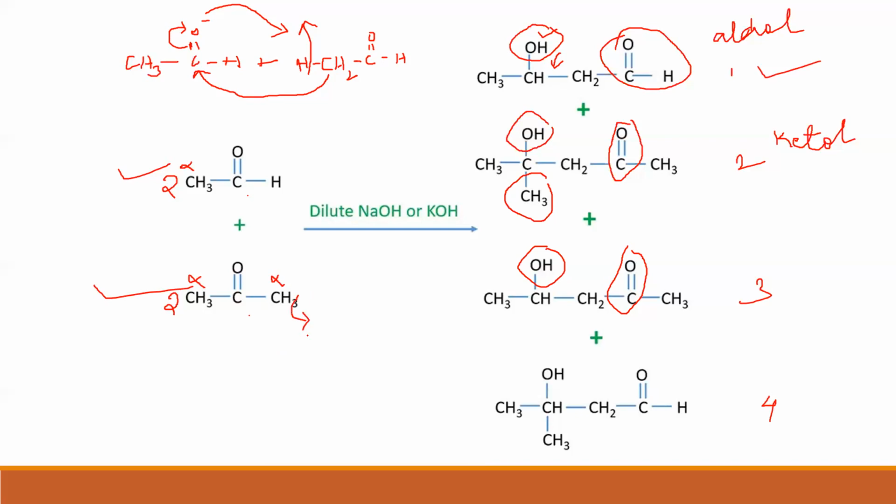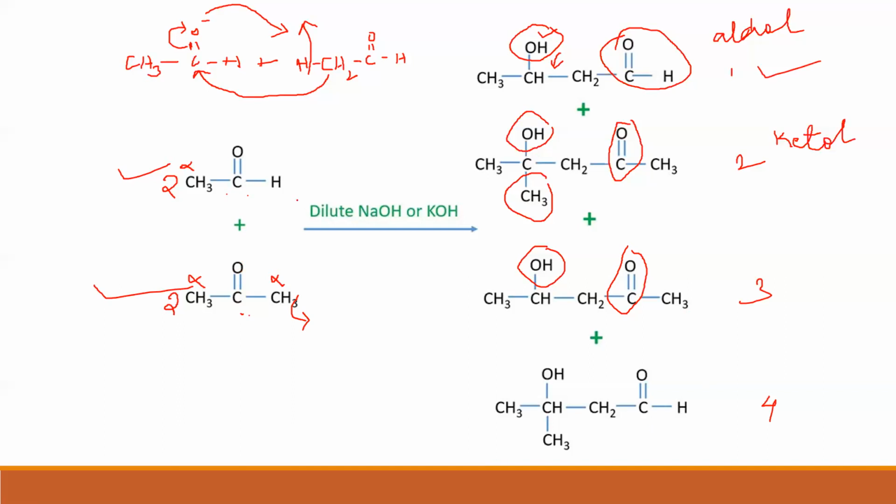Clear? So let me repeat. This product here, product number 3, is obtained when 1 mole of aldehyde reacts with 1 mole of this. And H plus is removed from the ketonic part. Therefore, the ketonic part becomes CH2 and forms a bond with the carbonyl carbon of the aldehyde, giving us the third product. So naturally, when do I get the fourth product?